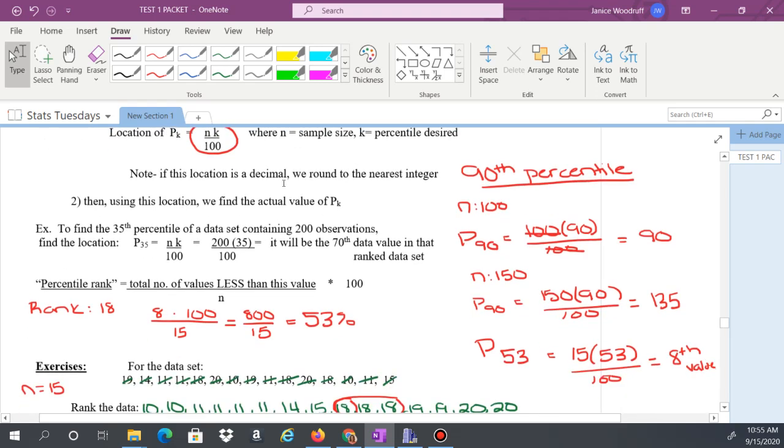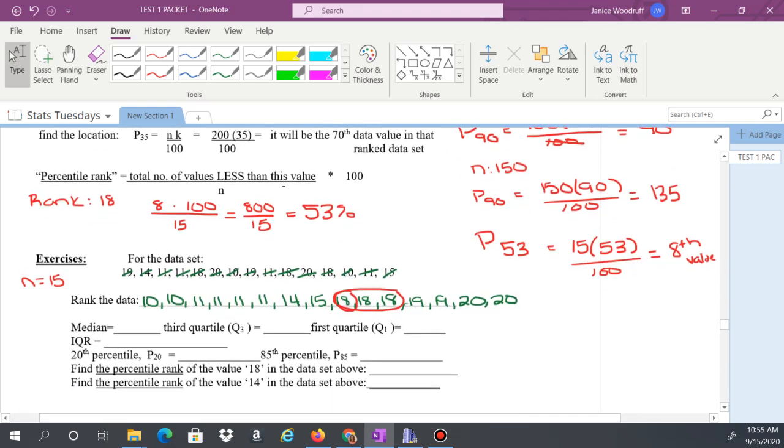Percentile, location. Let's try this again. We'll do this with this one. And let's see. It might be that we have to go to the next one after that. But let's take a look. Well, we'll come back to this.